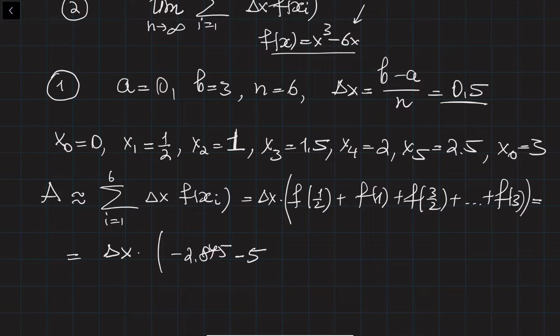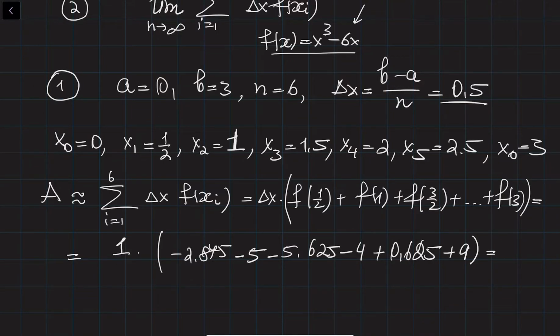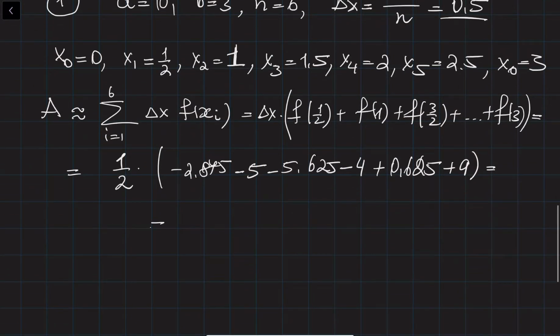If you substitute 1.5, it's going to be minus 5.625. If you substitute 2, it's going to be equal to minus 4. 2.5 is going to be 0.625. And if you substitute 3, it's going to be 3 cubed minus 18, which is equal to 9.